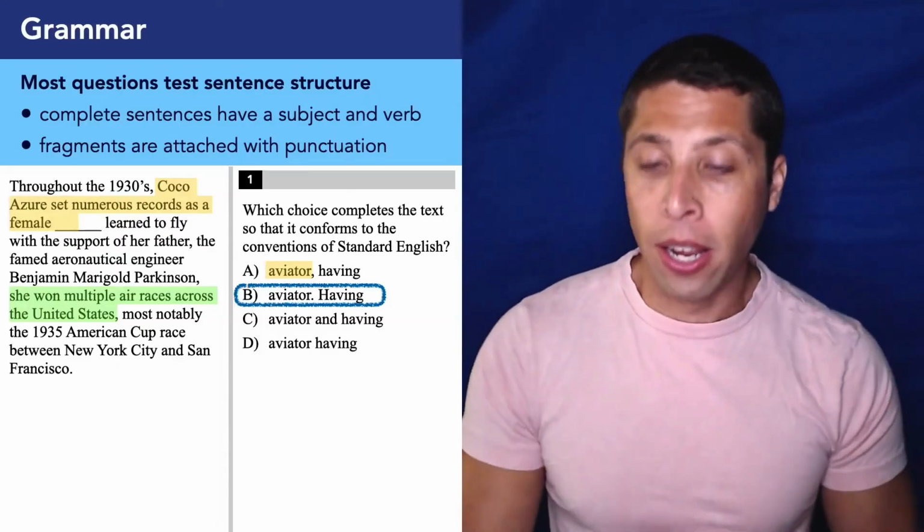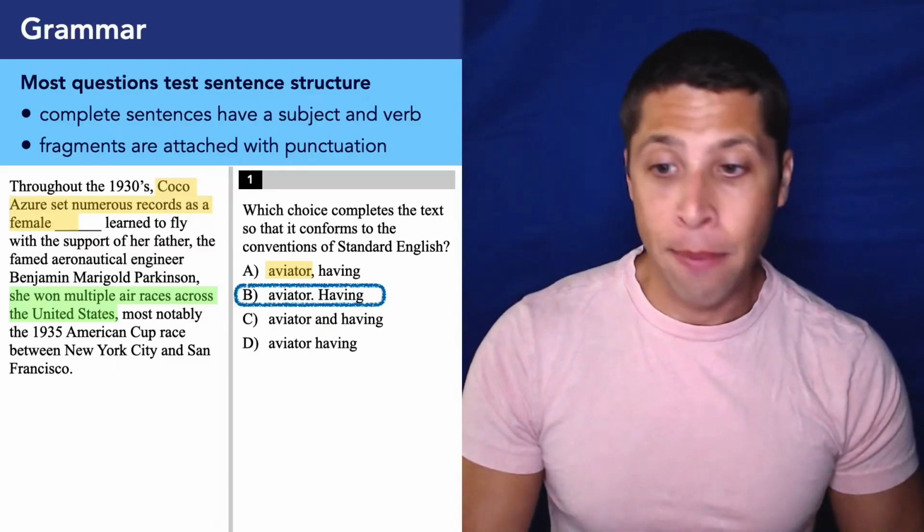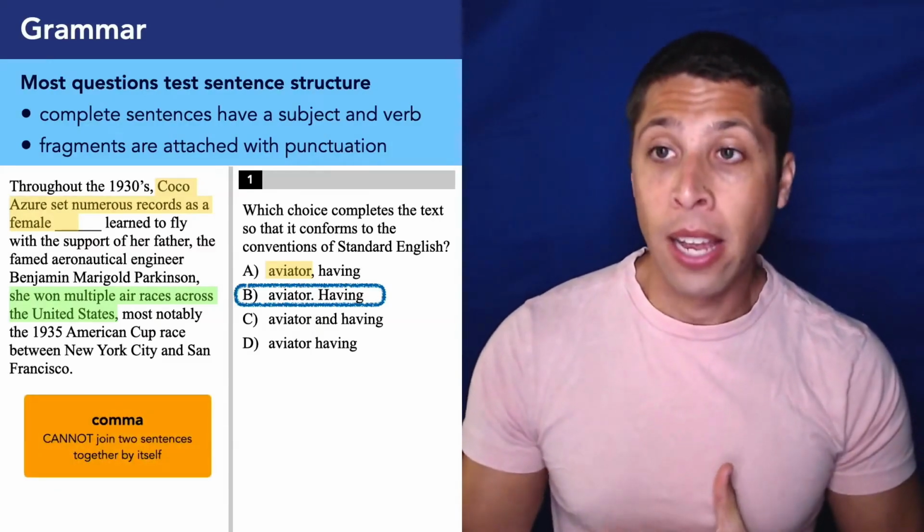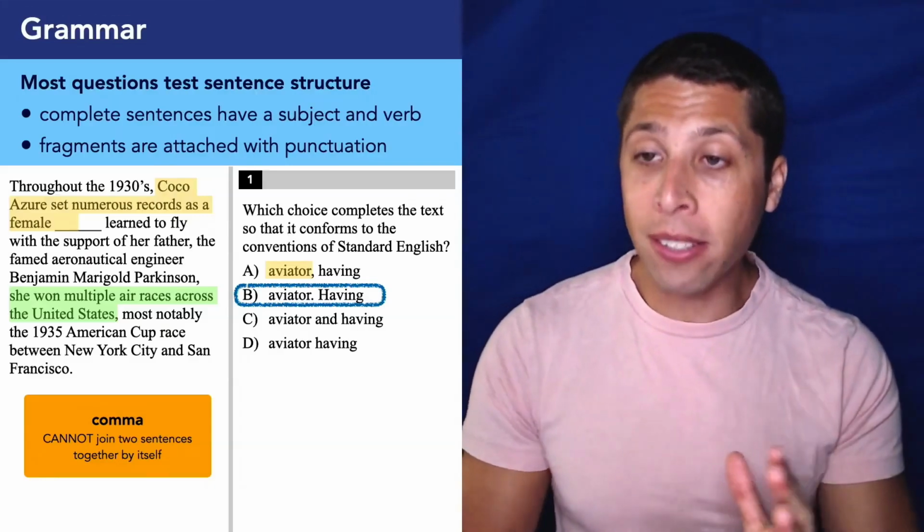What's going on here? Well, if we did choose choice A, that would involve a comma connecting the two sentences. And sometimes there are ways we can do this, but by itself, a comma is a weak punctuation mark. It is not capable of just joining two complete sentences together. So even though there's a bunch of other clauses in between, just by the fact we've identified two complete sentences, we know that we need a stronger punctuation mark to be able to separate those things.